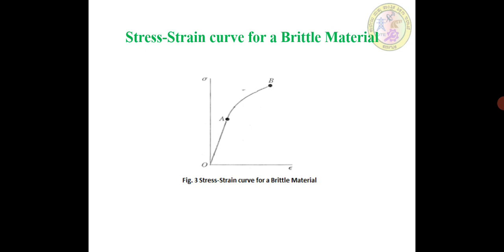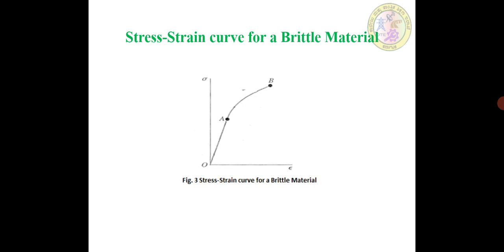The point A is the elastic limit point or proportionality point. Proportional limit is the point on the curve up to which the value of stress and strain remains proportional.